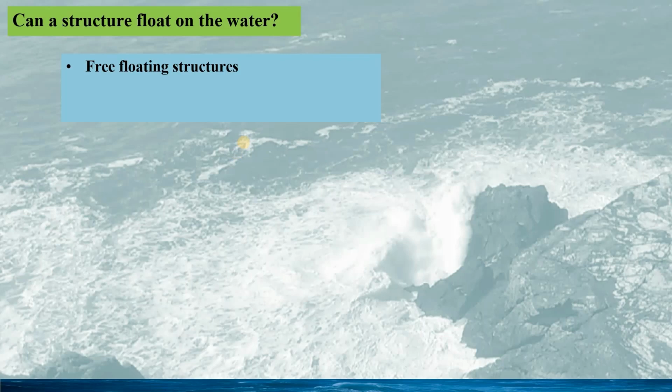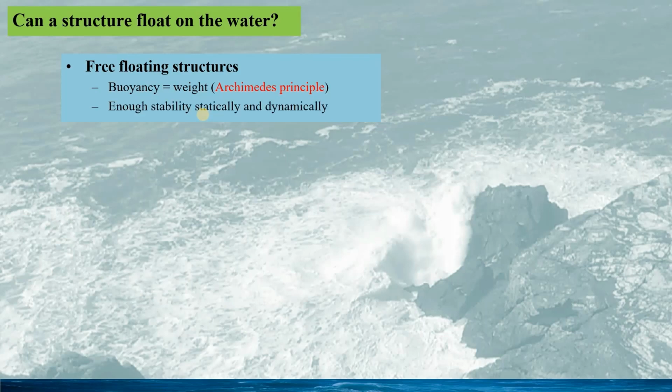How can a structure float on the water? For a free-floating structure, we know its buoyancy would be the same as the weight of water the structure displaces, based on the Archimedes principle. In a simple form, buoyancy equals the weight of the floating structure.